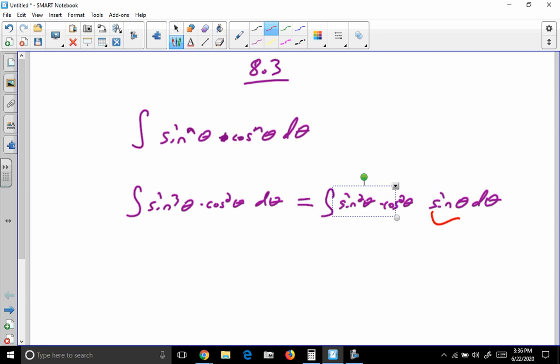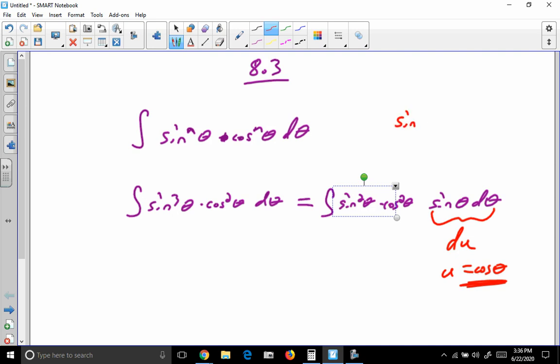The one we pull out is going to be part of our du. So u is going to be the other function. So if du is sine, u is going to be cosine, which of course we might have a negative in there or something as well. But the point is everything else is going to change to cosine.